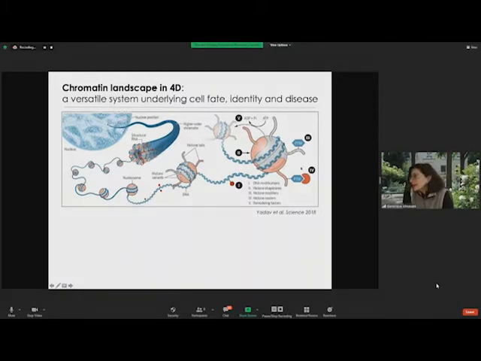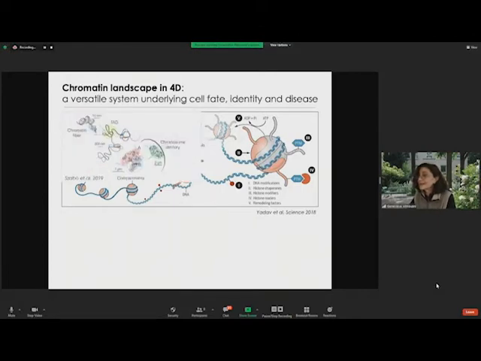The basic unit includes the histones, which are a key component of the core particle. At that level, we already know that many things can happen and be changed, and that can potentially also impinge on higher order organization. I just want to give one example with the centromeric variant, CENP, which is key for the organization of the centromere, important for chromosome segregation.